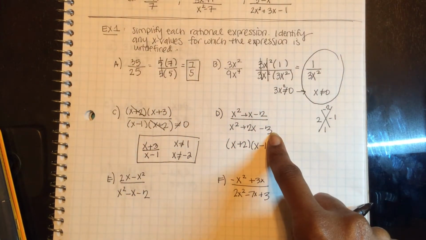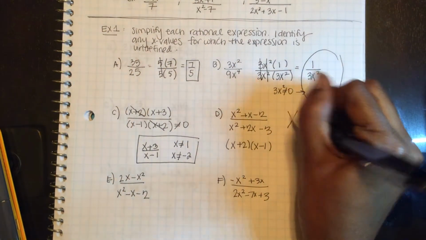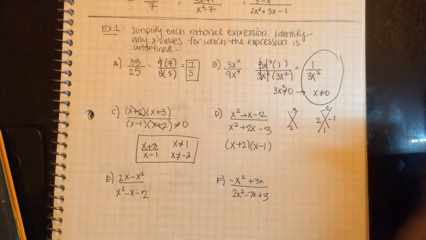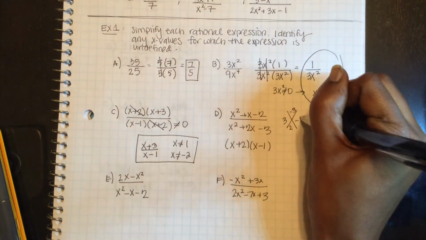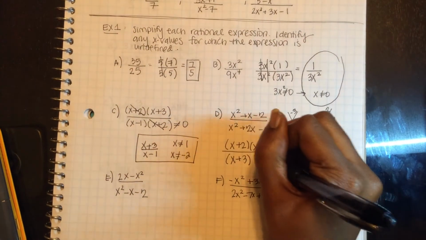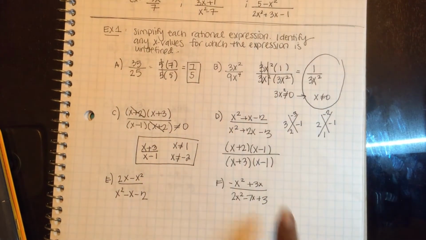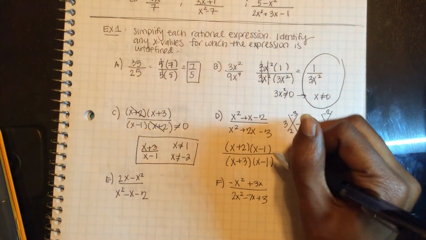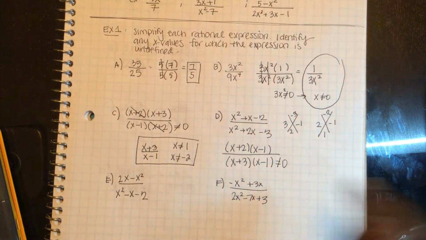For this second polynomial, I'm looking for two numbers that multiply to make -3 and add to make 2. Those numbers are 3 and -1. So this factors to be x plus 3, x minus 1. First, I need to see when this function is undefined. It's when my denominator equals 0.